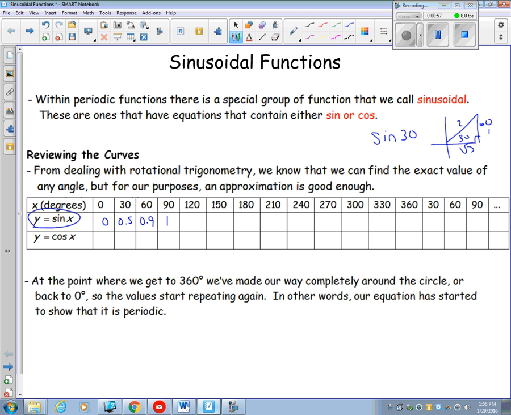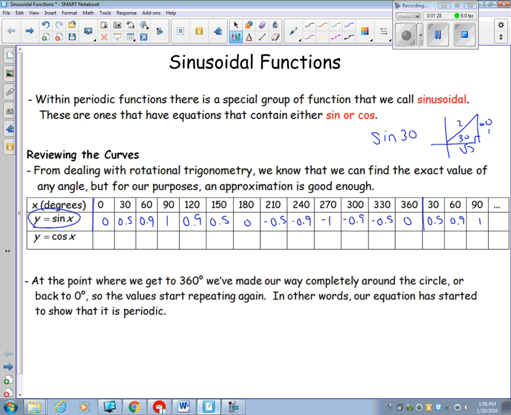And if we keep punching these in, we get 0.9 and 0.5 and 0, and then negative 0.5 and negative 0.9 and negative 1, and negative 0.9 and negative 0.5 and 0. And then we're back to 0.5 and 0.9 and 1, and so on. If you happen to notice, we've started repeating ourselves. Specifically, when we got back to 0 or 360, we've completed a whole cycle.